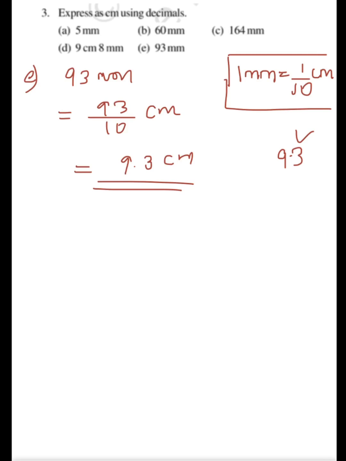Now let's see the fourth question. So fourth question, our first one is 8 meter. And here you can see that you have to express as kilometer using decimals. That means our questions are written in meter, so you have to write the relationship between kilometer and meter.